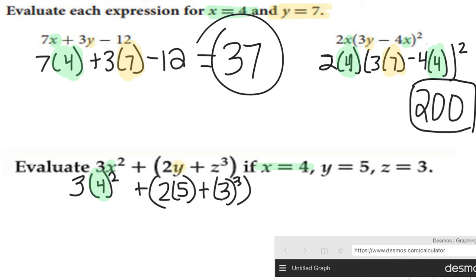I took the y, put a 5 in its spot, because that's what this said. I took the z, put a 3 in its spot, because that's what this said. Everything else that was originally there is still there, including the 3 in the square. Notice the square is outside of what I subbed in. The 2, the cube on the outside of that 3 that I subbed for z, and the final parenthesis.